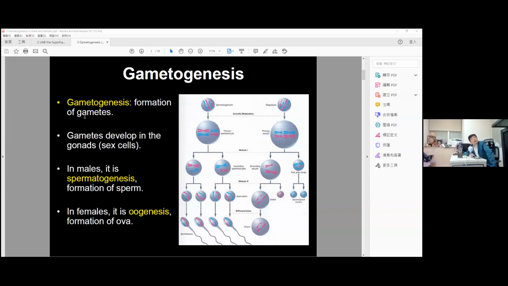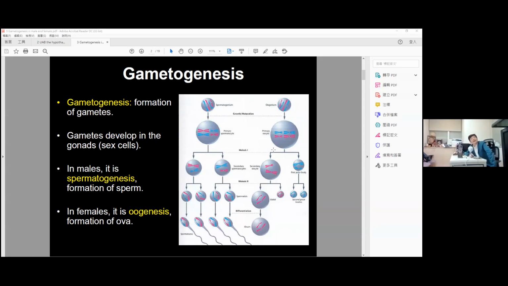So this is gametogenesis, the formation of gametes, and the gamete is developed in the gonad, the sex cell. In the male, spermatogenesis is the formation of sperm. In the female it is oogenesis, the formation of the ova.